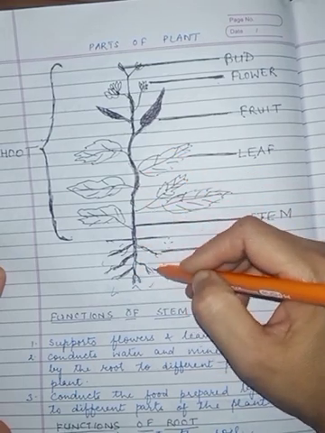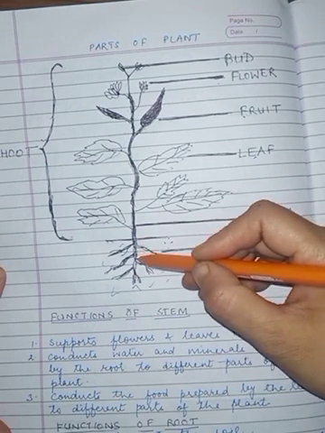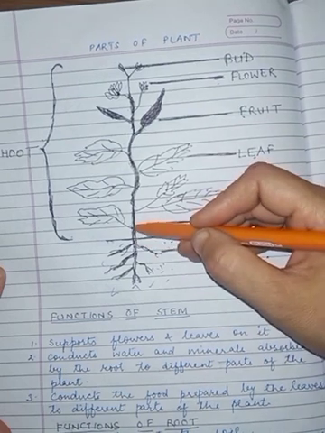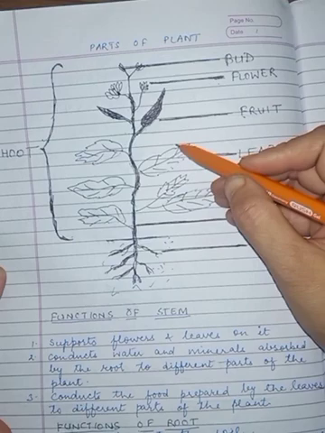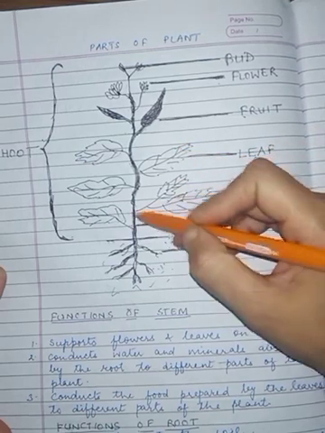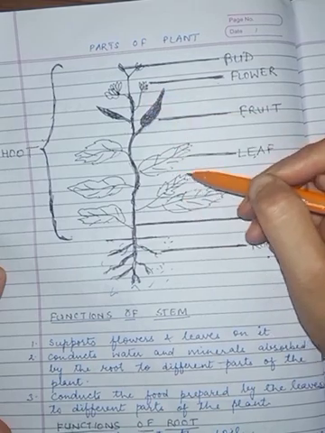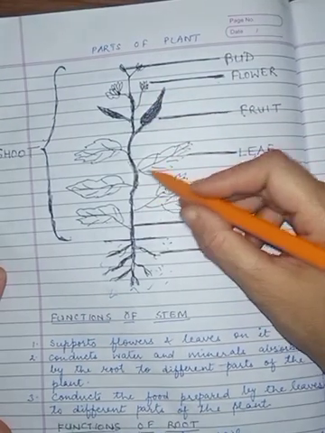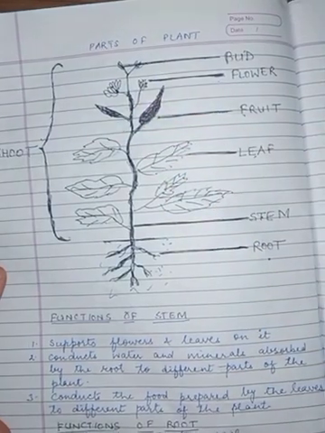Then this water and mineral is supplied to the different parts of the plant by the stem. It is the stem's work to supply the minerals and water to leaves, flowers and fruits. Clear?